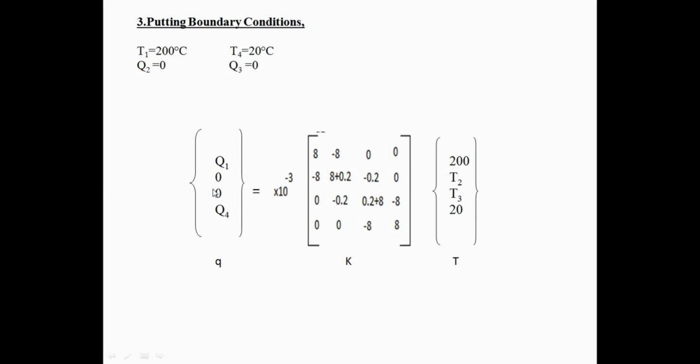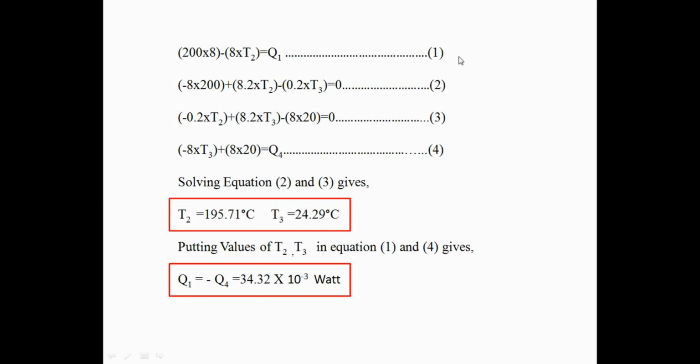And the third equation, 0 equals 10 raised to 3 times the matrix: 0 into 200, 0, minus 0.2 T2, 8.2 T3, minus 8 into 20, minus 160. Q4 equals the fourth equation, 10 raised to 3 times the bracket: 0 into 200, 0, 0 T2, minus 8 T3, plus 160.